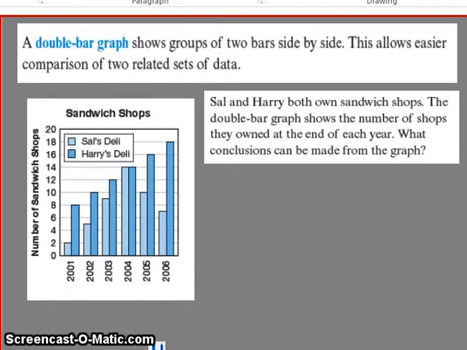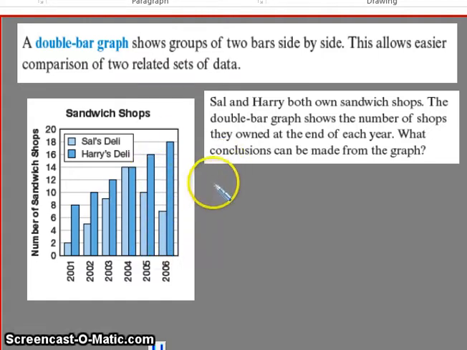Well, the only conclusions that we can make from a graph come from what is inside this graph itself. So we can say, let's see, the light blue bar is Sal's deli, the dark blue bar is Harry's deli. See how all the light blue bars are equal to or smaller than the dark blue bars.